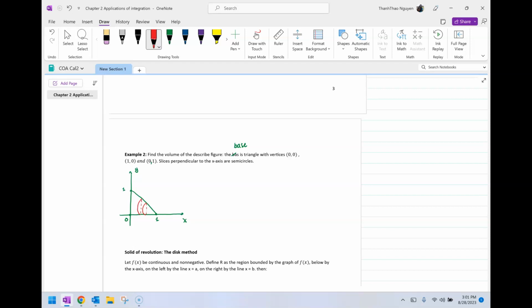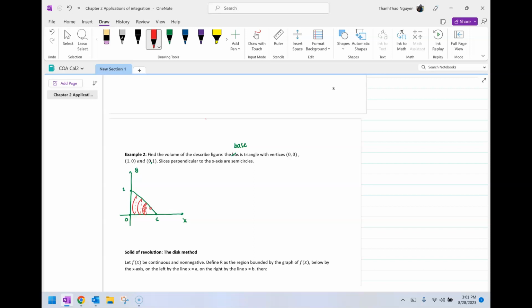That is the cross section. So the area of the cross section is the area of the semicircle, with the diameter on that line that connects (1,0) and (0,1).